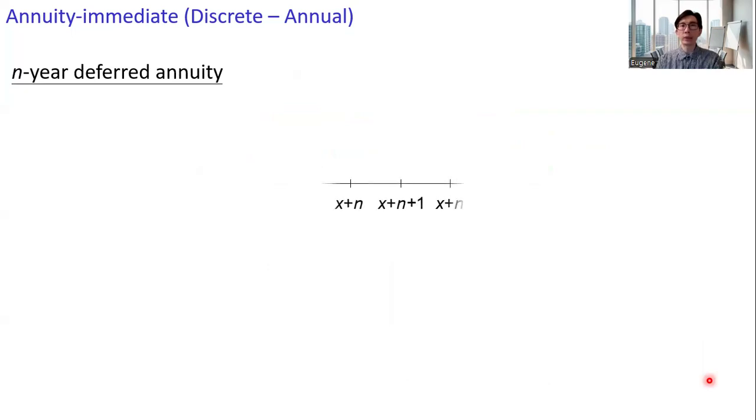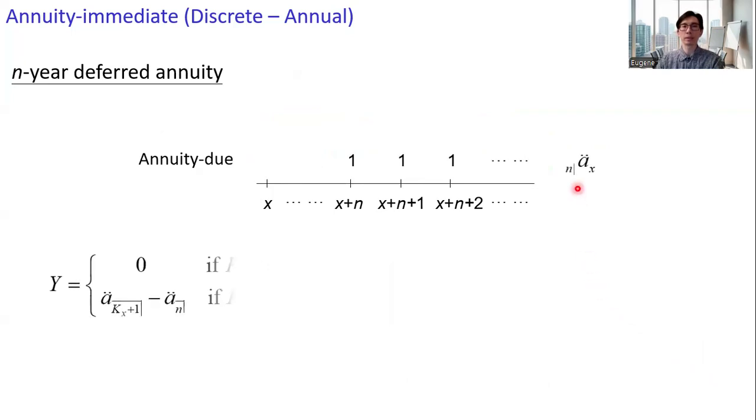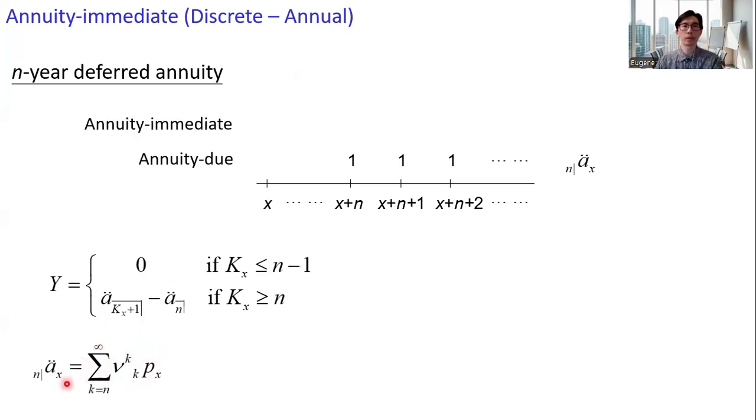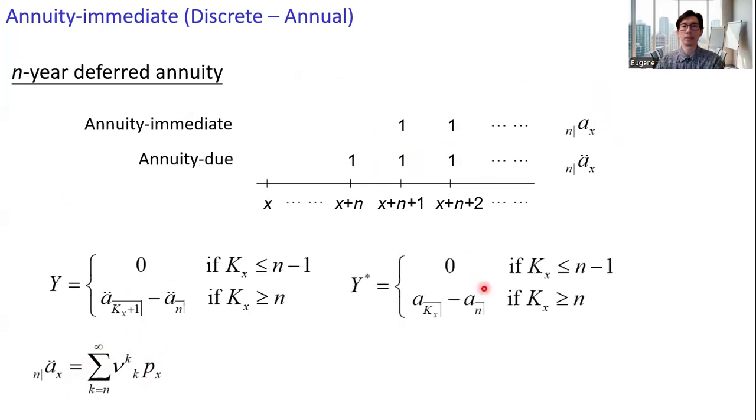For the n-year deferred annuity, all right, we have the annuity due, n bar a double dot x, the PMF for Y, and the corresponding expression for the actuarial present value. The annuity immediate, we have this payment pattern, the notation n bar a x, the PMF expression, and the corresponding expression for n bar a x.